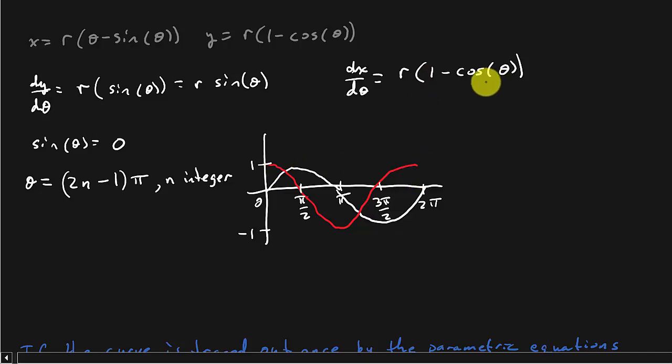What's 1 minus 1? 0. So we cannot include those values. We can't include the even multiples of pi, because there's a horizontal tangent when dy d theta is 0, but dx d theta cannot be 0. So that's why we're only including the odd multiples of pi. Does that make sense?